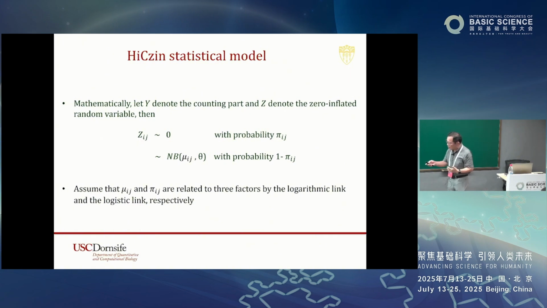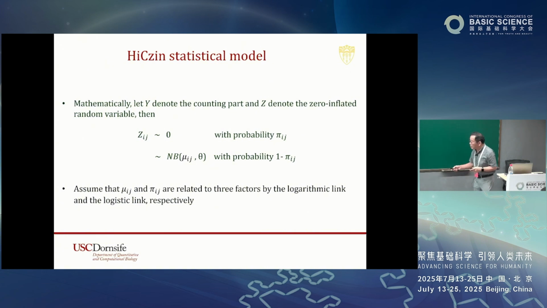So now the number of high-C links, that's Zij, is modeled by a zero enriched negative binomial. We have a probability of pi ij that is just no link. It's zero enriched.